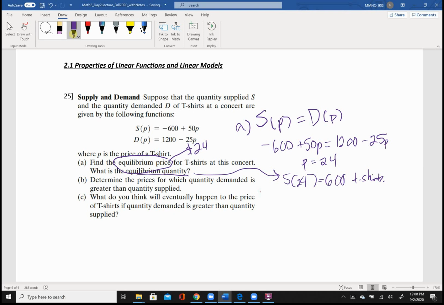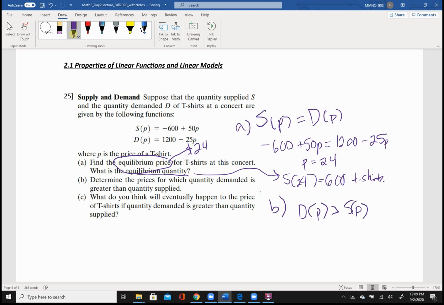So it says determine the prices for which quantity demanded is greater than quantity supplied. So supplied quantity is S of P, demand quantity is D of P. So basically you just have to create an inequality for part B here. So quantity demanded, that's this, needs to be strictly greater than quantity supplied.